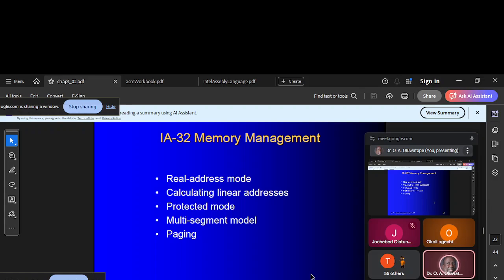Shortly after that, we had the protected mode, in which we can address up to 32 bits of memory location, which gives us 4 gigabytes, in which the memory is partitioned into segments, and each segment is protected from the others.